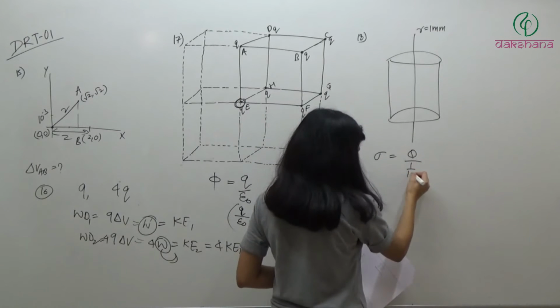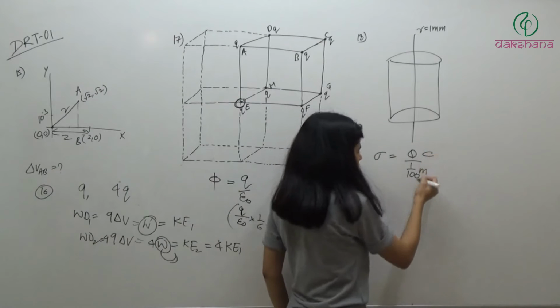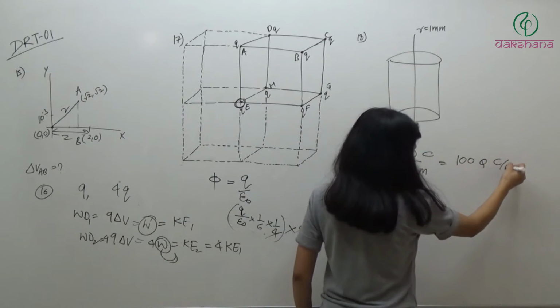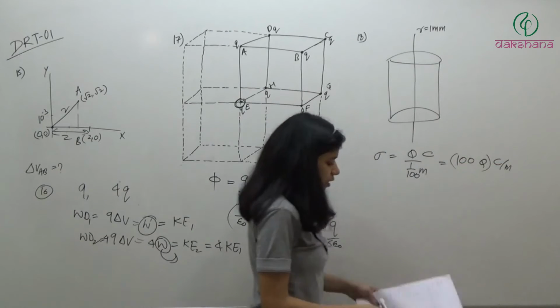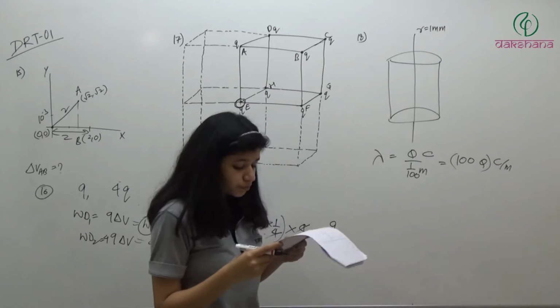Per centimeter means 1 by 100 meter, right? So Q coulomb means I can say 100 Q coulomb per meter. This is the sigma or lambda in case of linear charge density.